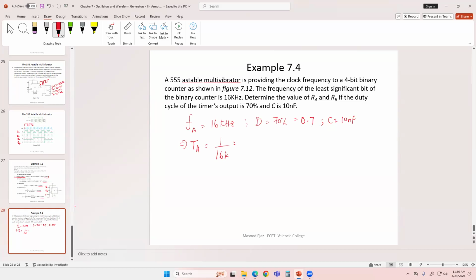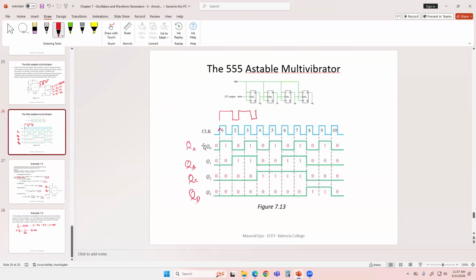It is 6.25 times 10 to the power of minus 5, so 62.5 microsecond. All right, so this is the time period of QA, 62.5 microsecond.